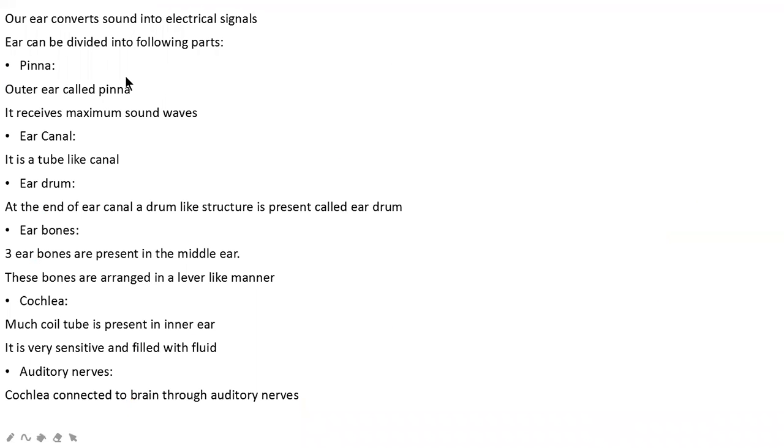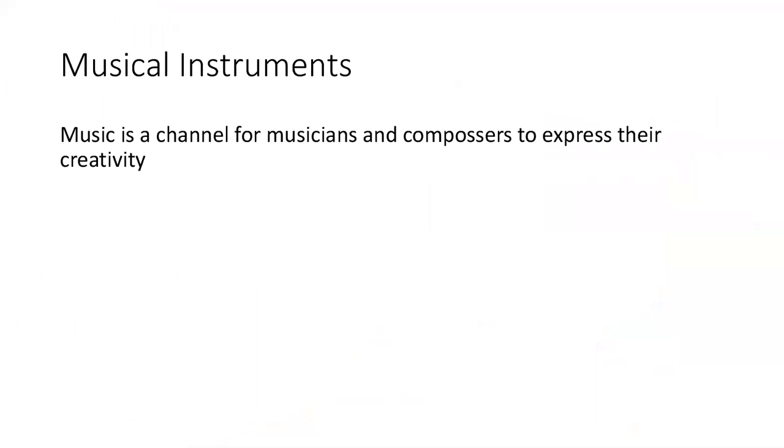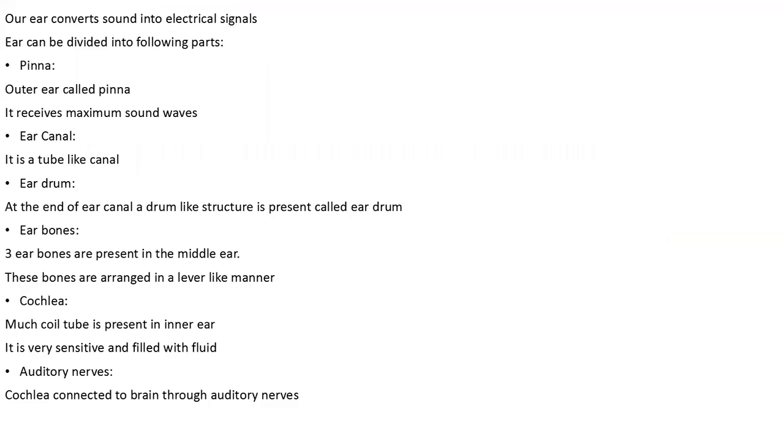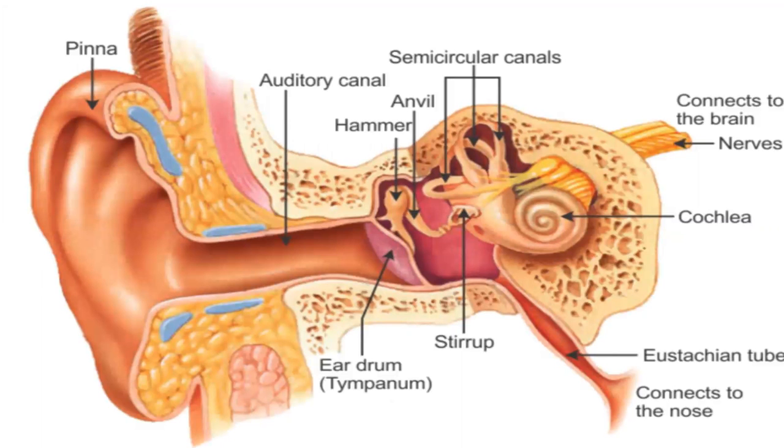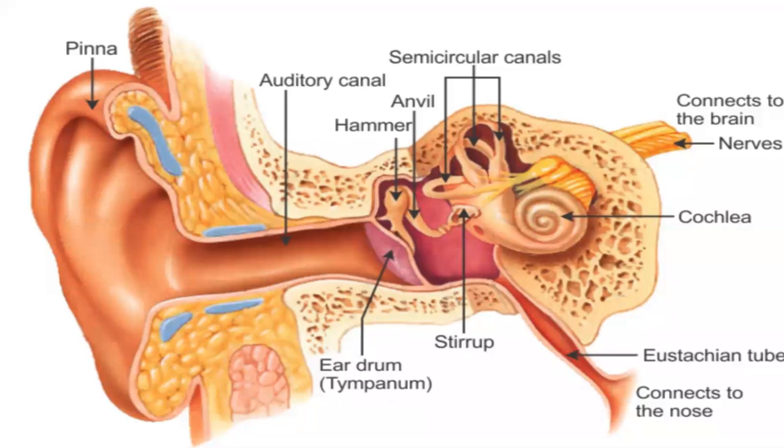The first is the outer pinna, then the auditory canal. In the auditory canal, you can observe a structure in pink color. This is the eardrum, or the tympanum.